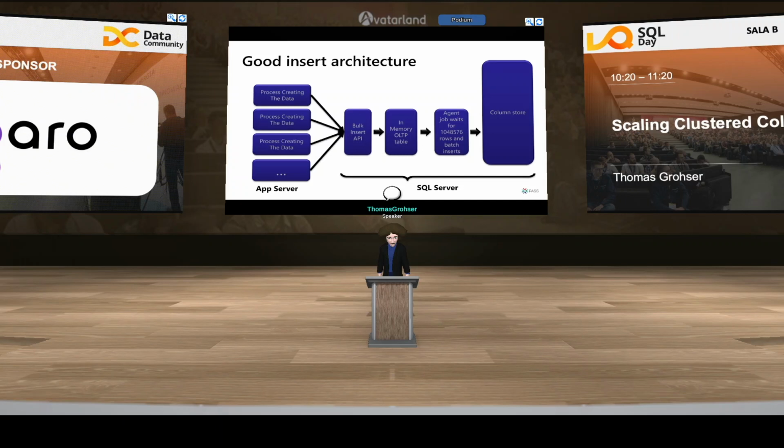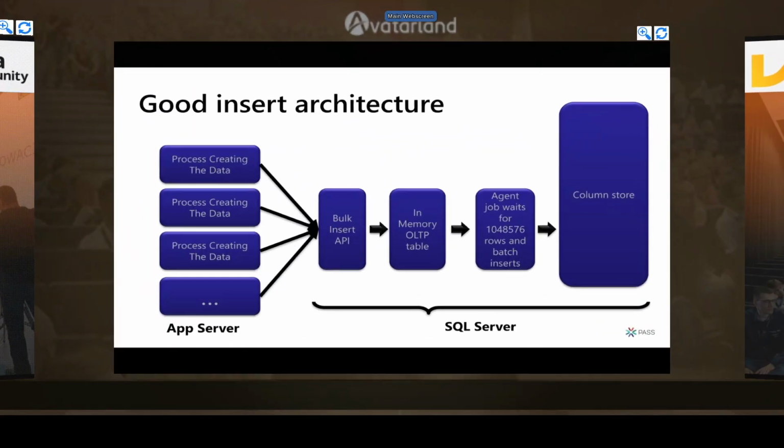That turned out to be very, very good. This way, we processed several billion rows per day and had a very efficient column store. Again, you don't have to, but if you don't, don't complain that column store is slow.